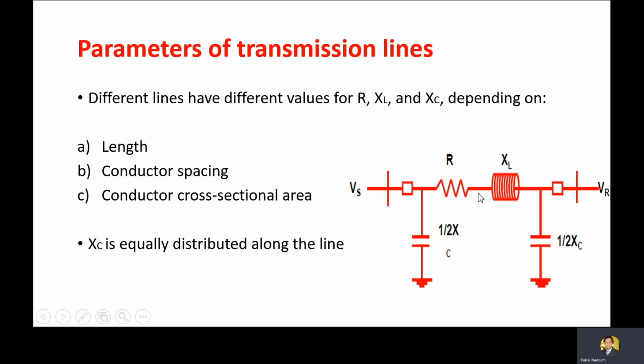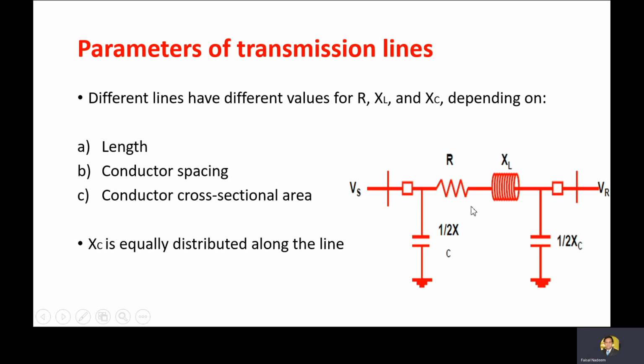Here the resistor is shown, this is the inductor, and this is the capacitor. 2 out of these parameters are series parameters, that is resistance and inductor are series parameters, while the capacitance and conductance are shunt parameters. The value of conductance is very small, therefore it is generally neglected.